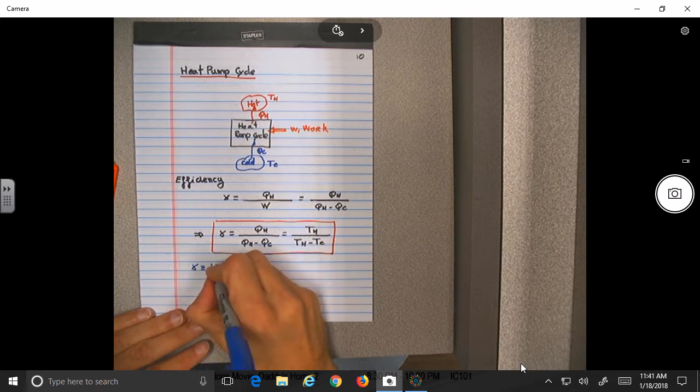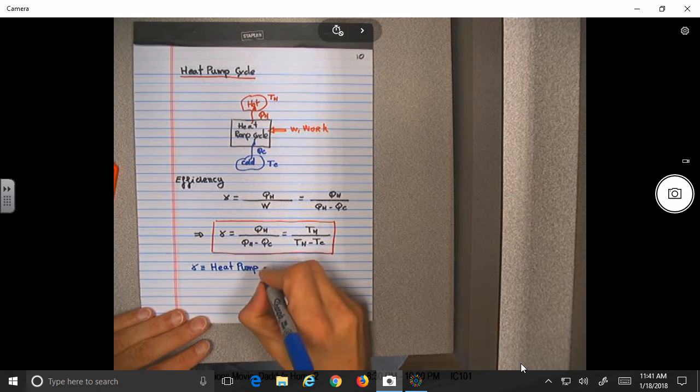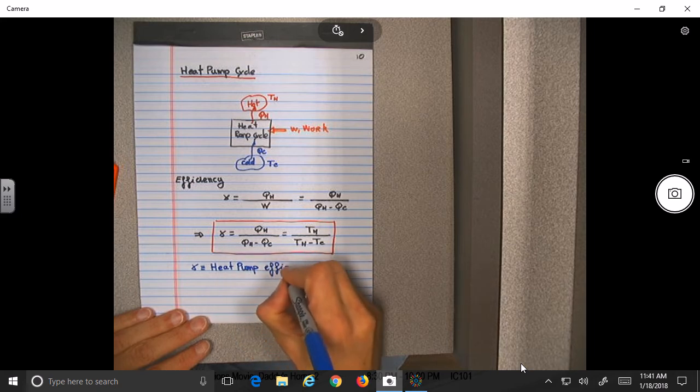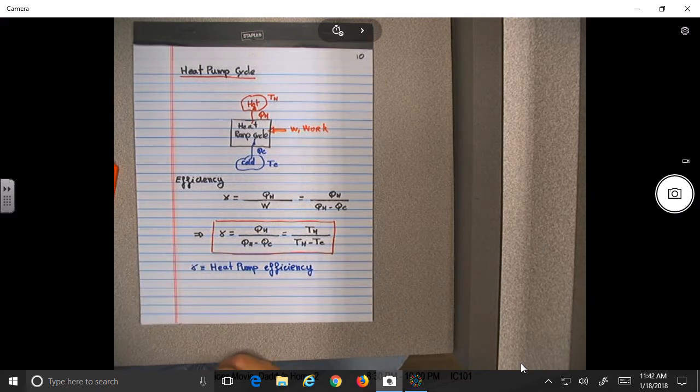Where gamma will be the heat pump efficiency. Okay, any questions so far?